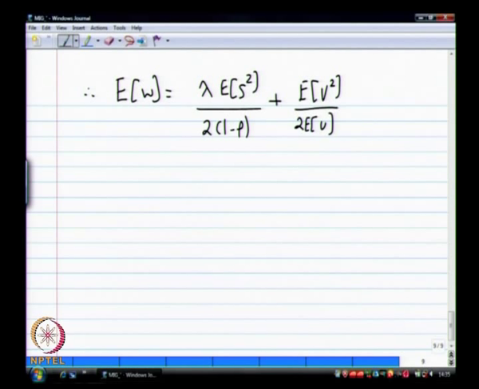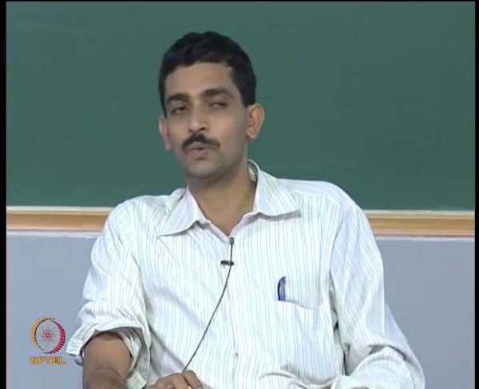Remember, I went straight away to E of W. E of R divided by 1 minus rho is our E of W. So I have skipped one step in the derivation. E of R is lambda E of S squared divided by 2 plus 1 minus rho by 2 E of V into E of V squared. So the 1 minus rho factor vanishes when I bring in the E of W equation into consideration.